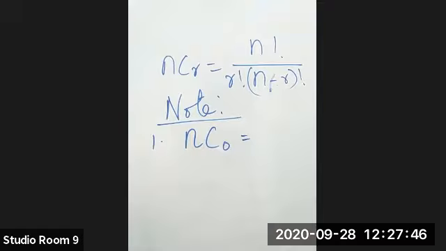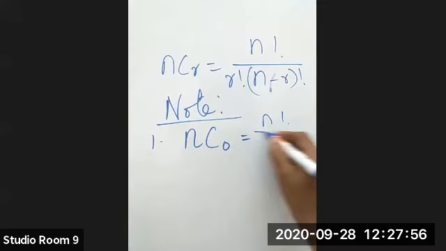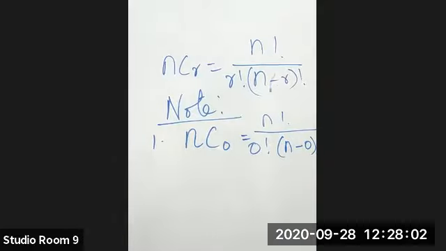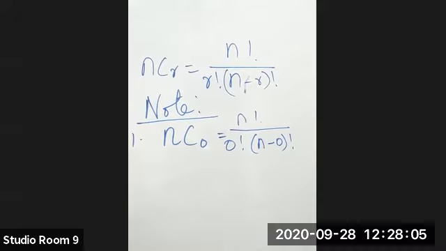Therefore, what is nC0? It's n factorial by 0 factorial into n minus 0 factorial. 0 factorial is 1, isn't it?